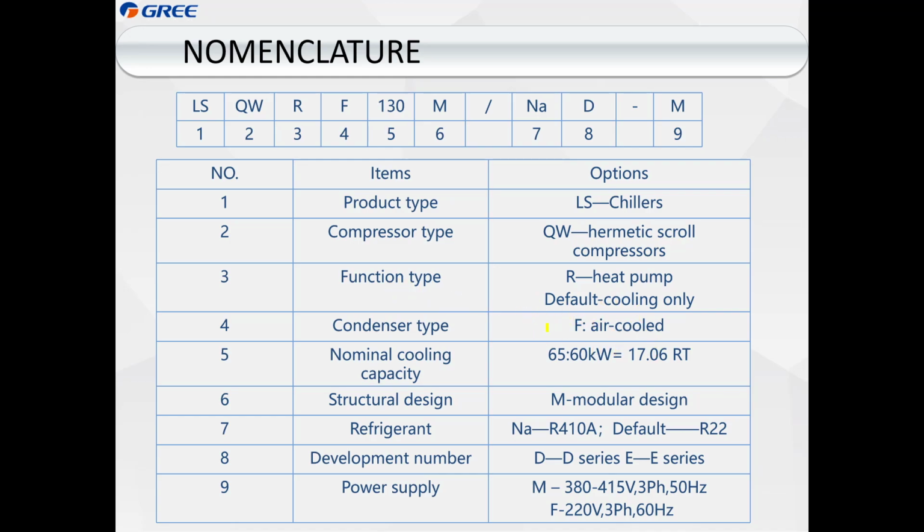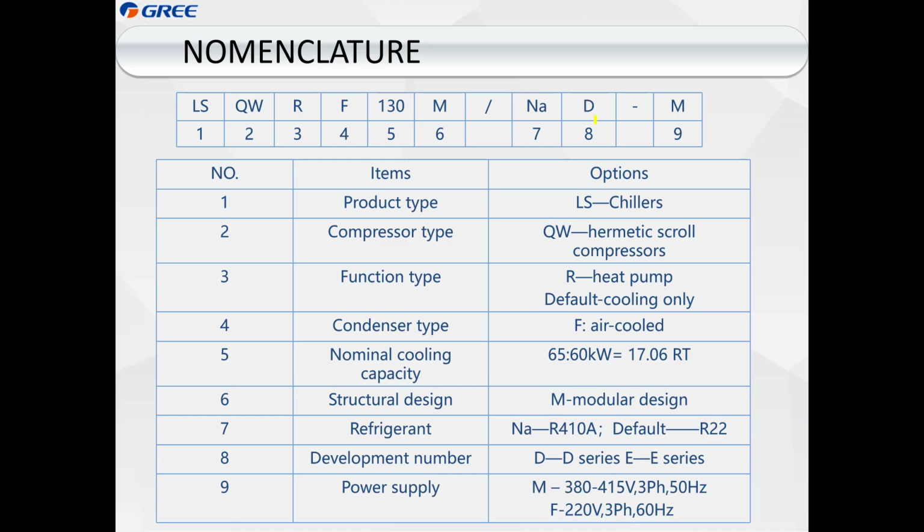For condenser type, F is air cooled. Let's mainly pay attention to this letter M, modular design, and NA, which means R134A. Default is R22.